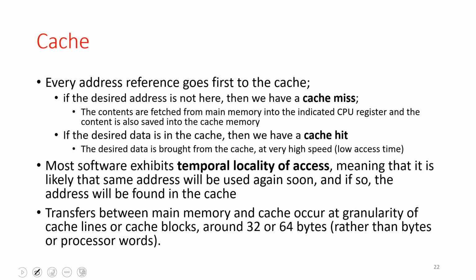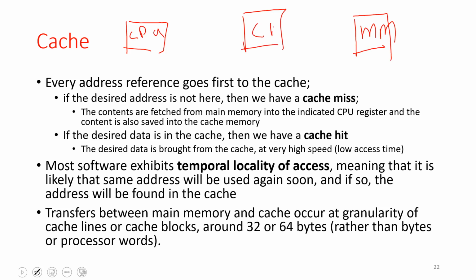Now when we think about cache memory, we will see how accessing cache memory is going to work. Say we have the CPU here, we have the main memory here, and we have the cache memory here.